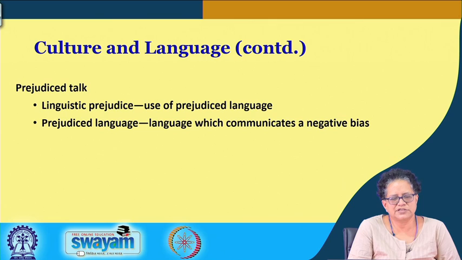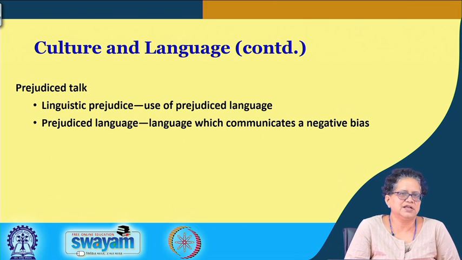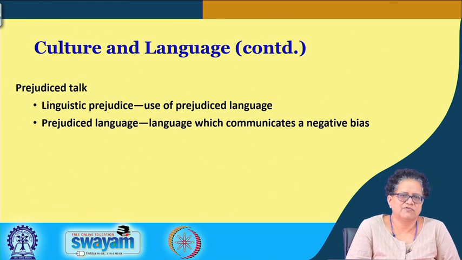Linguistic prejudice is the use of prejudiced language. For example, in the US now it is illegal, inhuman, inhumane and in fact discriminatory to use the words Negro or nigger for the African Americans as such.